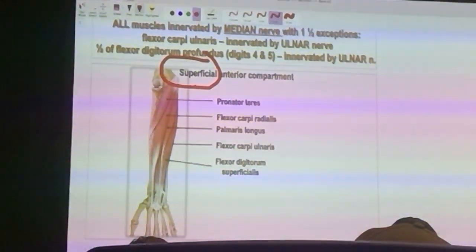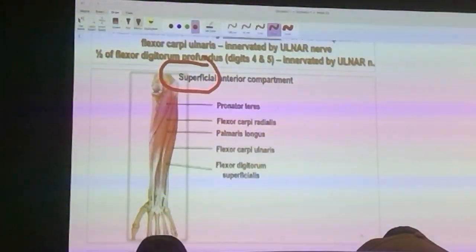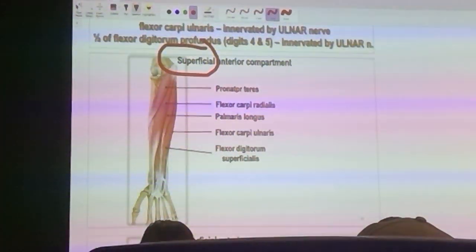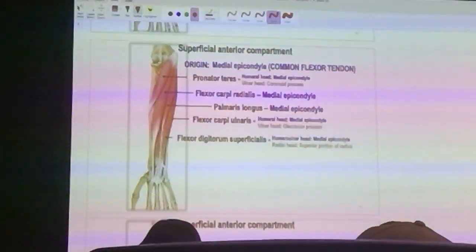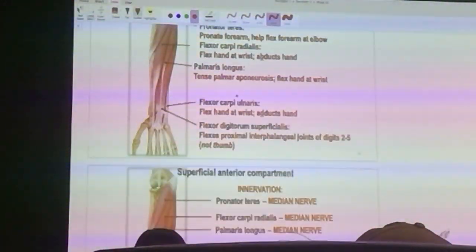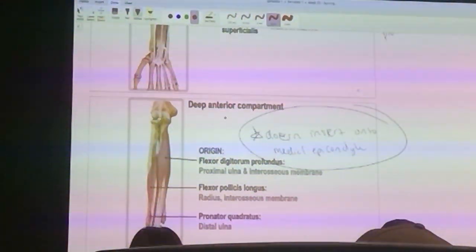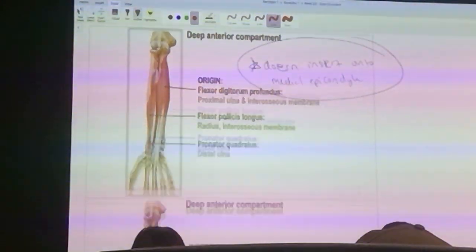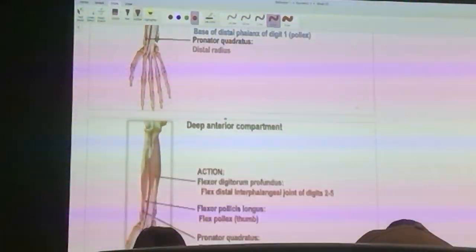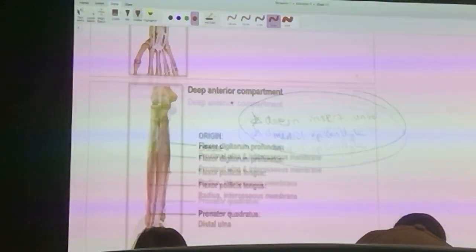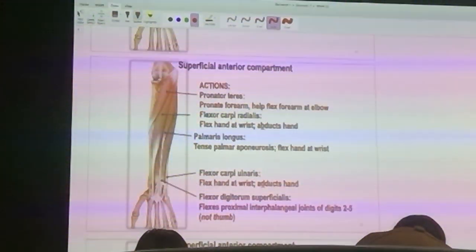So superficial flexors attach to the medial epicondyle, but the deep ones don't.